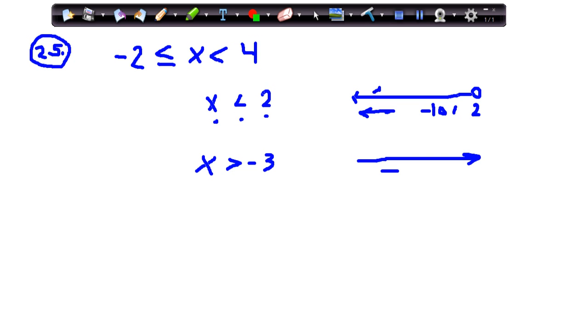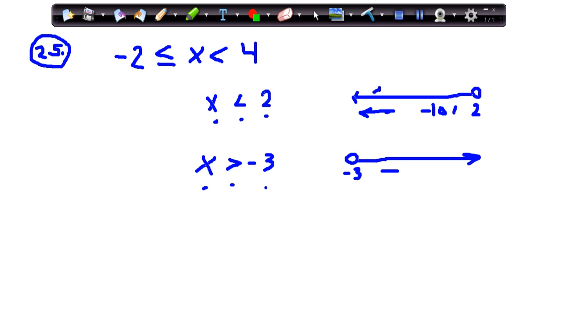But they say x greater than, remember I told you greater than points to the right. X greater than -3. So -3 is not included. So here you see an open dot at -3.